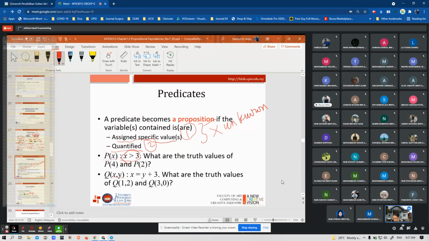What are the truth values of Q(1,2) and Q(3,0)? You must assign, and then you must quantify. You must measure. You must calculate the proposition.